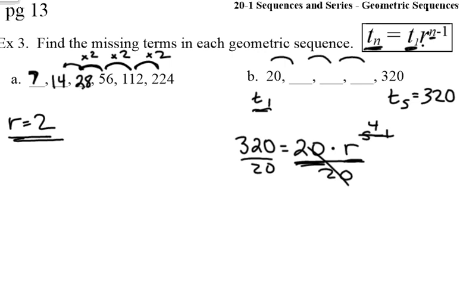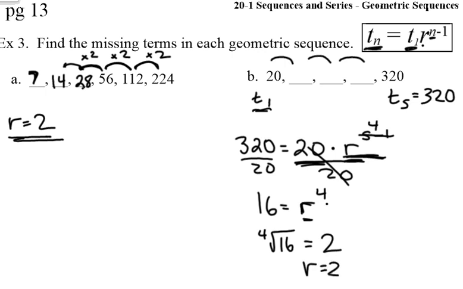So I'm going to divide. That'll leave me with 16 equal to R to the 4. Well, I need to figure out what do I multiply by itself 4 times to get 16? That's like saying I want the 4th root of 16. What times itself 4 times gets me 16? Well, that's 2. So in this case, our R value is 2.